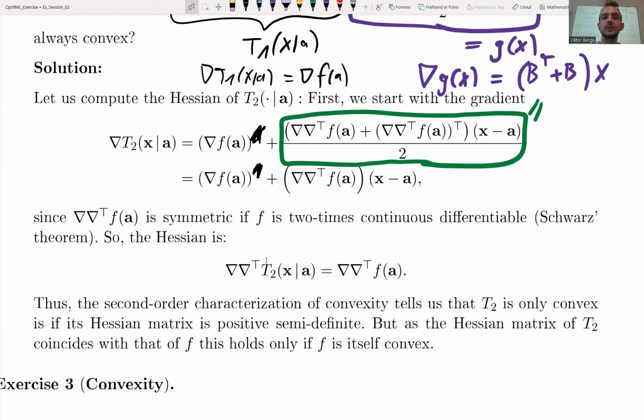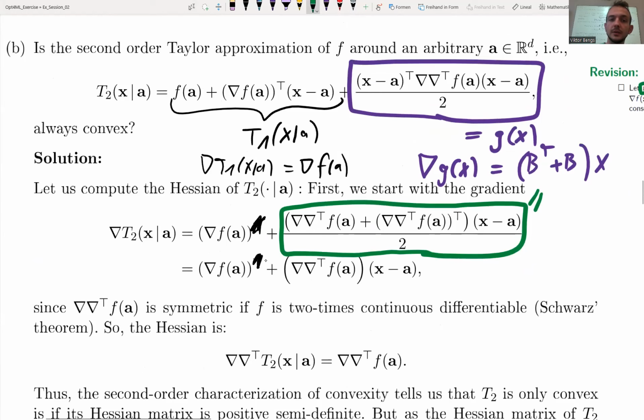And this is only the gradient, but we want the Hessian, and for the Hessian, we now have to compute the Hessian of this sum of the two functions. From the first order Taylor approximation, we know that its Hessian matrix, this was what was making our lives so easy in the previous exercise, is a 0 matrix.